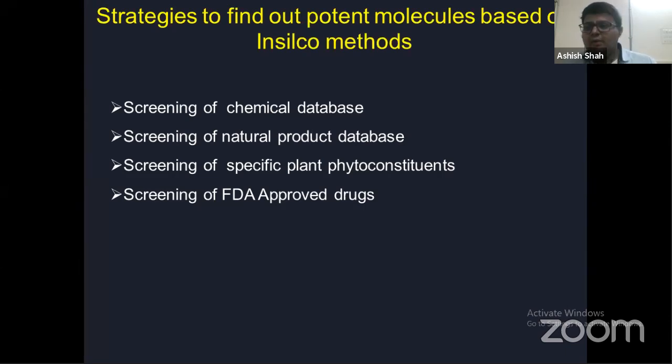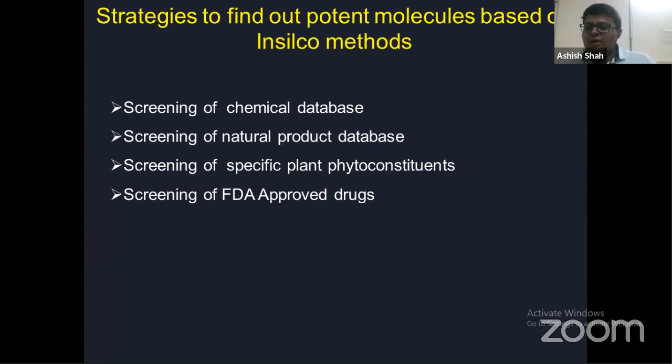So in chemoinformatics, you can go for screening of chemical databases, then natural product databases. Many kinds of databases are available online; some are free, some are paid. Then screening of specific plant constituents. You may go with a specific plant, choose the phytoconstituents available in that plant and do docking or ADME or anything.